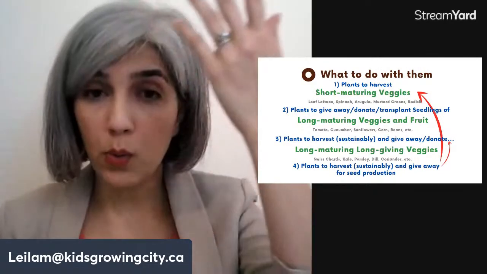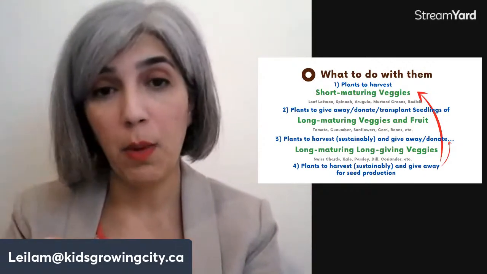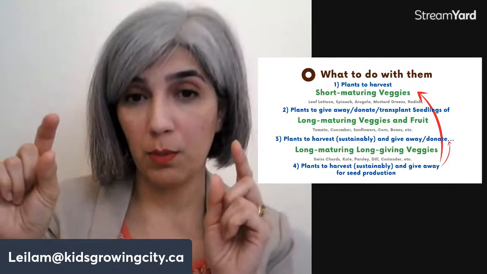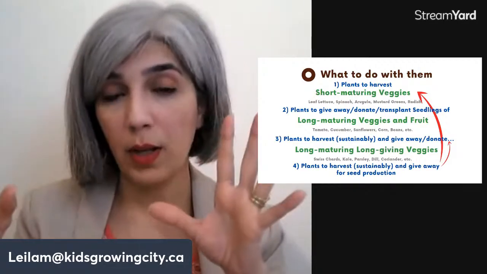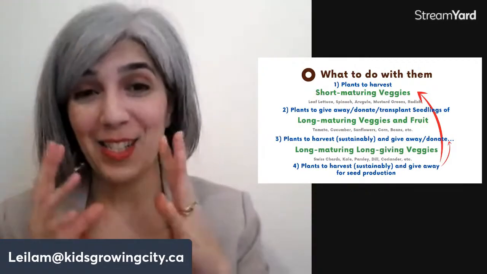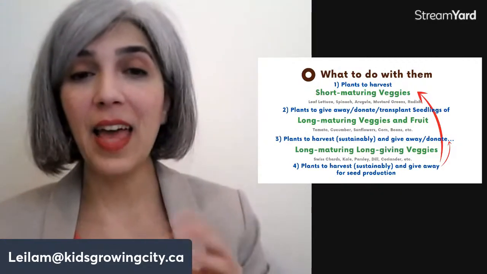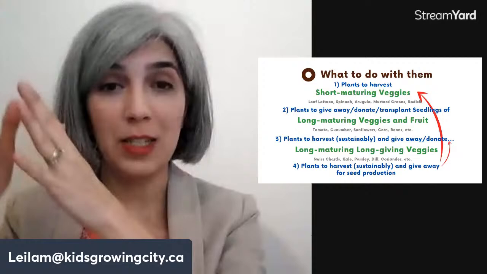It grows, it bolts, so you give it away and they go and plant it, and you can name it, you can mark it, you can say this is for seed production, so plant this if you want lettuce seeds, for example. How exciting is that? It's so exciting. There's so many amazing things you can do with these. And then they go and plant it and it continues to grow.